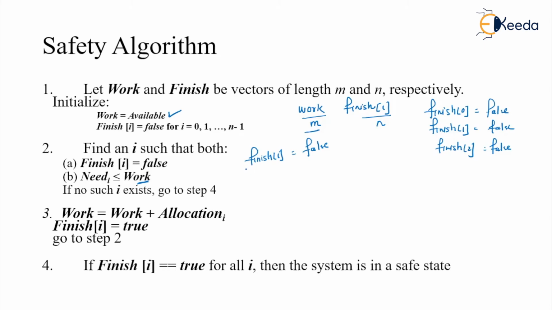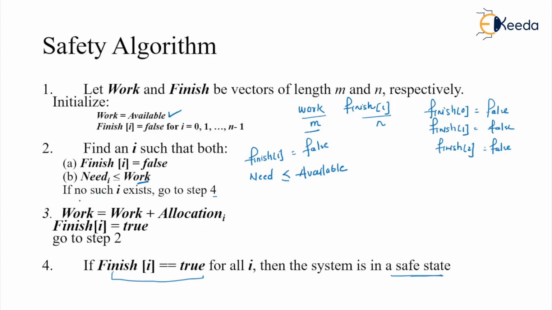We find both of these: an i that hasn't finished, and its need is less than or equal to Available. If no such i exists, then we terminate, and if all of them are true, then it is in a safe state. But if we cannot satisfy any, that is a difficult situation, and we can say deadlock.